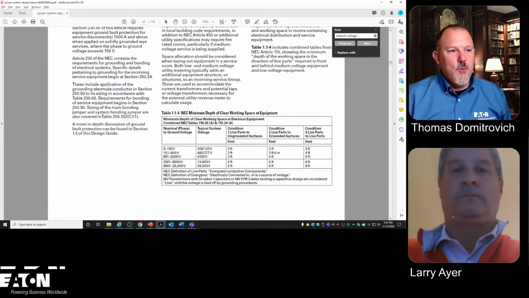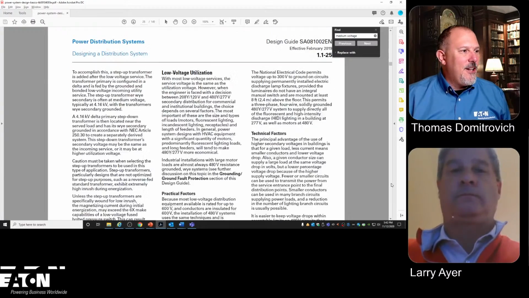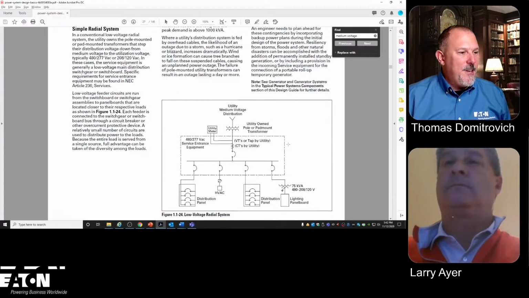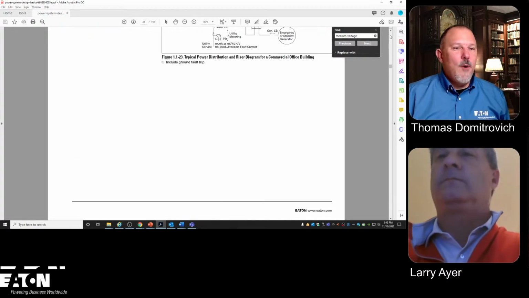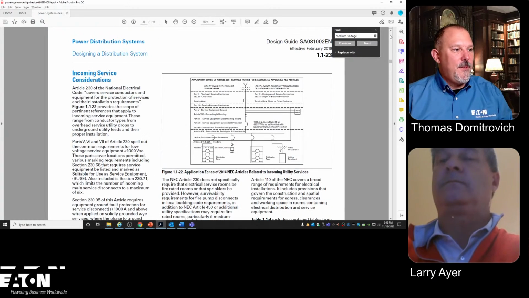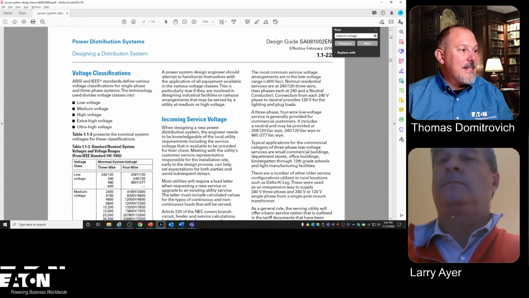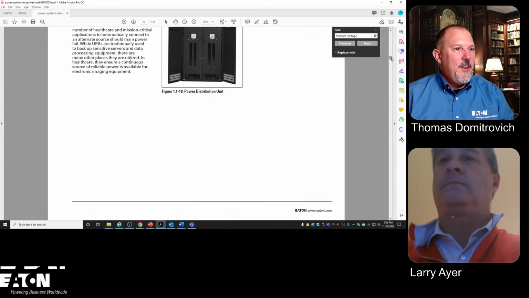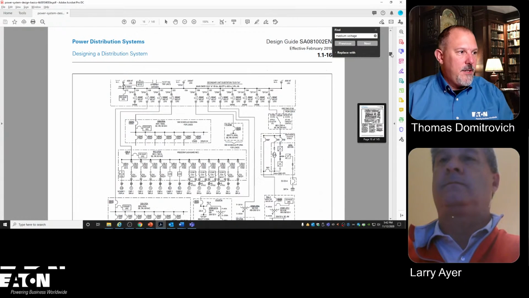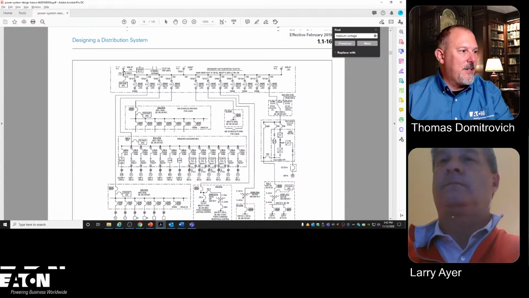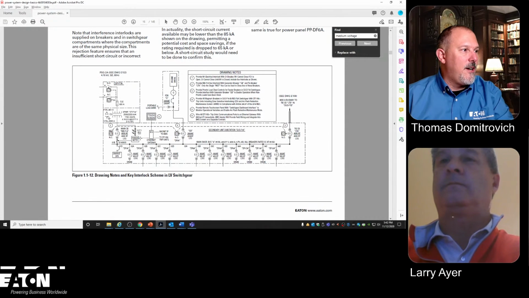In the medium voltage world, there are a lot of details associated with relays. For somebody who's familiar with less than 600 volt or 480 volt systems, those diagrams are a lot different than medium voltage applications, because in medium voltage we do a lot more with relays.